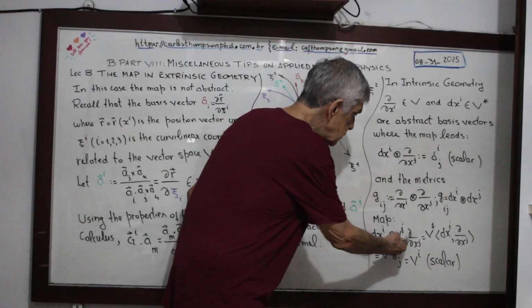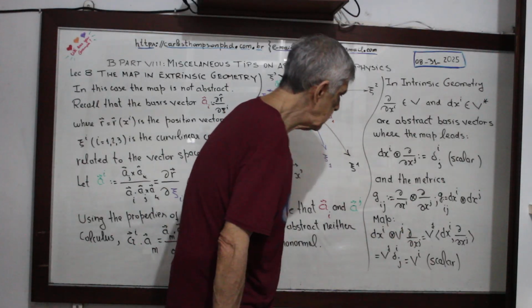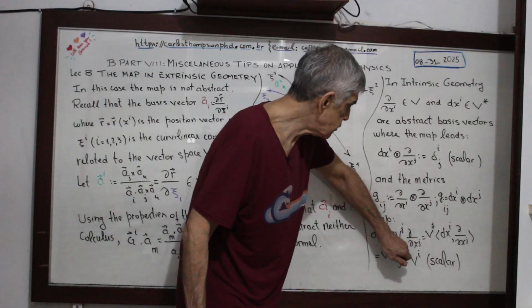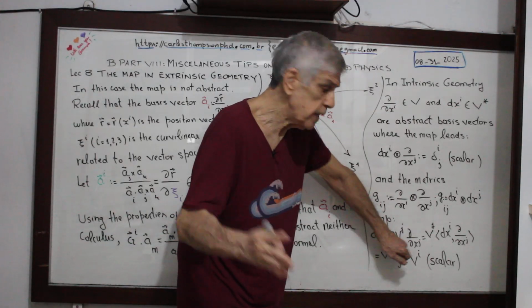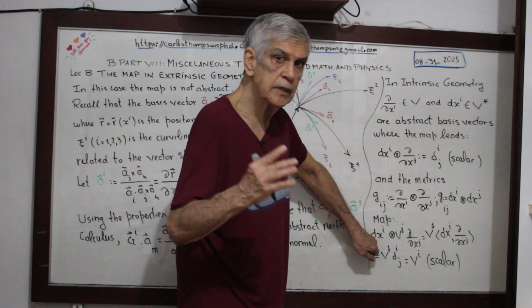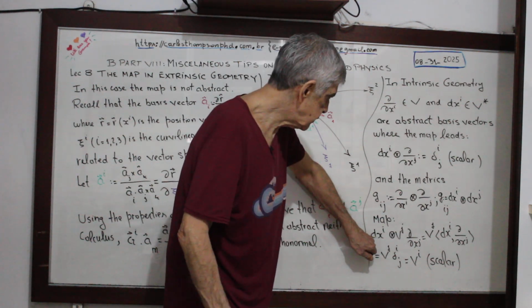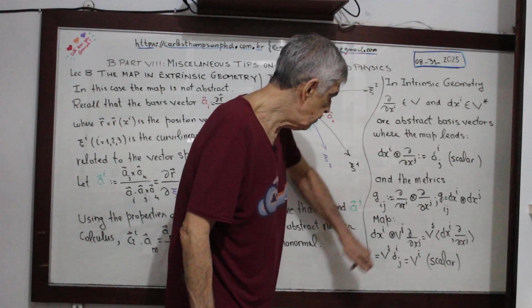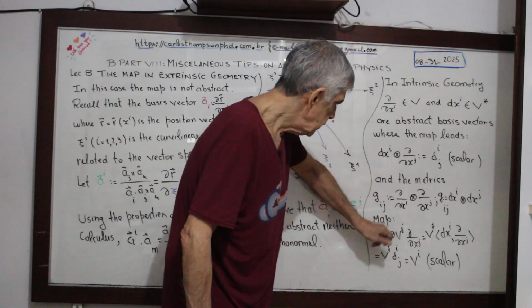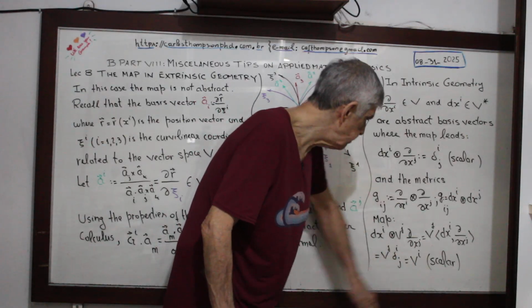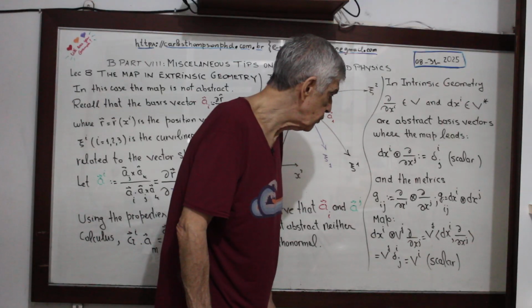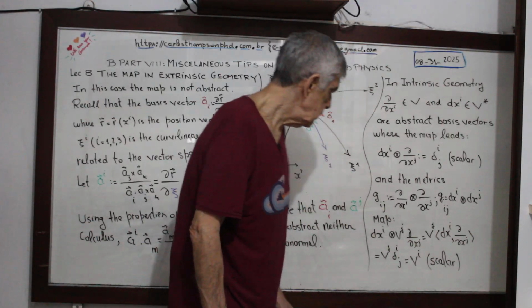The vector v is v^j partial x_j, which belongs to the vector space. dx^i is the covector, which belongs to the dual. Now I apply it, and then I get the components of vector v, which is a scalar.